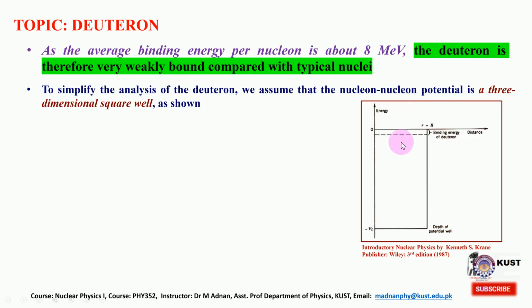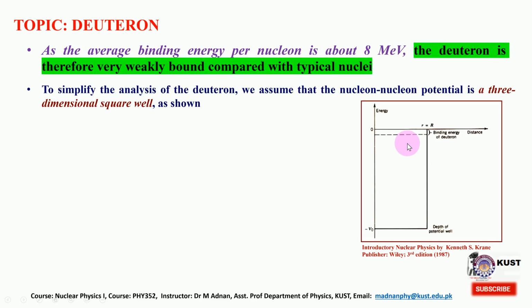Once the separation between the proton and neutron is less than the diameter of the deuteron, they will be interacting with the nuclear force, and the associated potential, we assume, is of this form, minus V naught. The depth reflects the strength of this force, so we are just representing it by minus V naught.